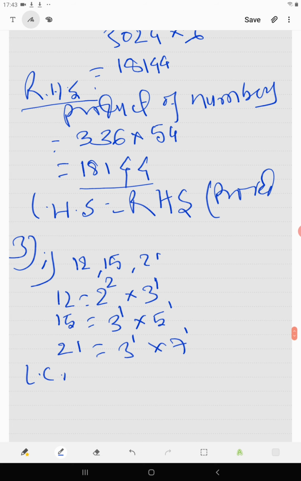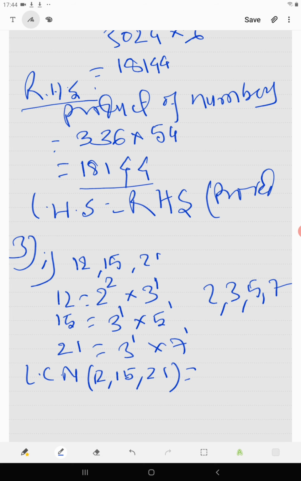So LCM of 12, 15, 21 will be. So first tell me, what are the prime numbers available to us? 2, 3, 5, 7. Correct? Now tell me, what is the highest power for 2 in all 3? So highest power of 2 is 2 square.